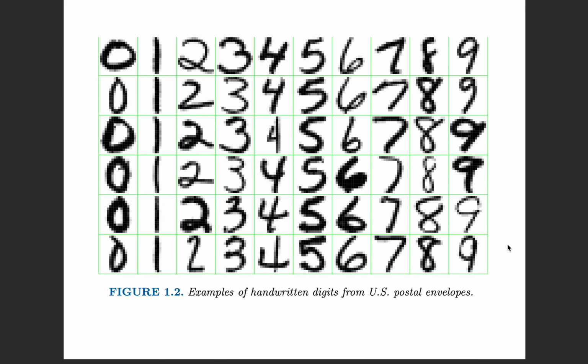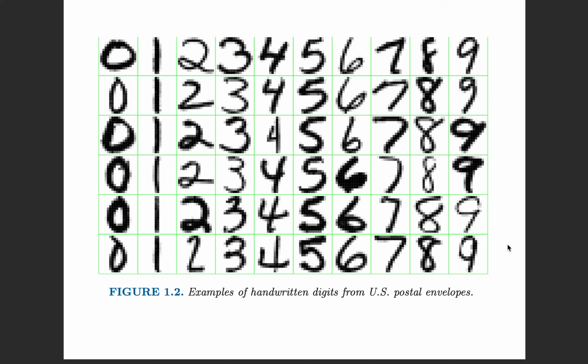Here's a classical example of classification. So we have handwritten digits, and everybody writes differently.